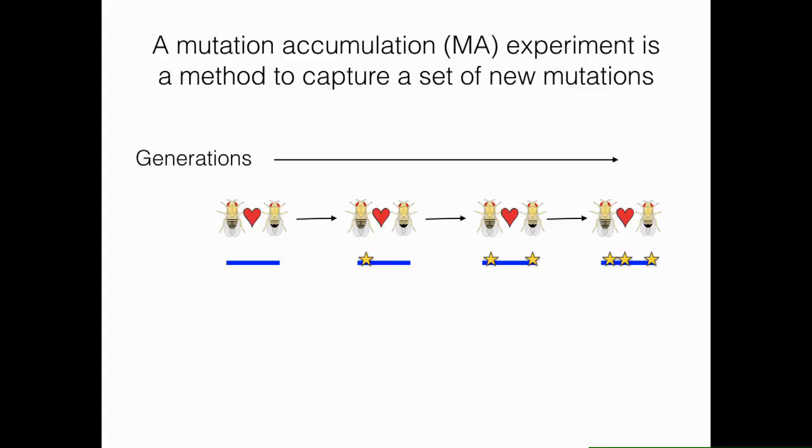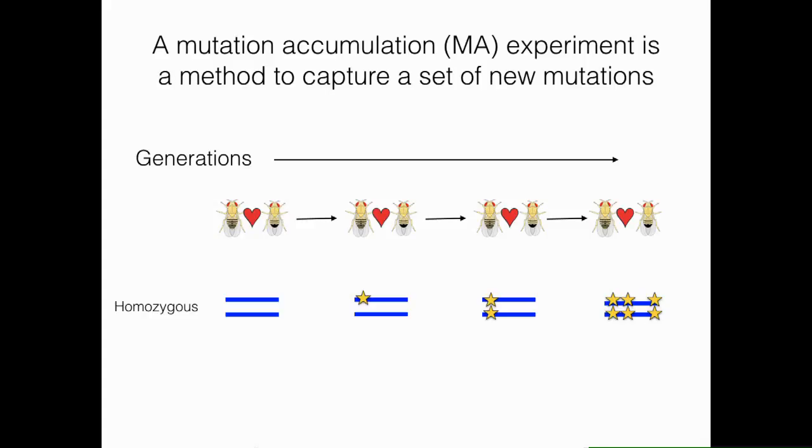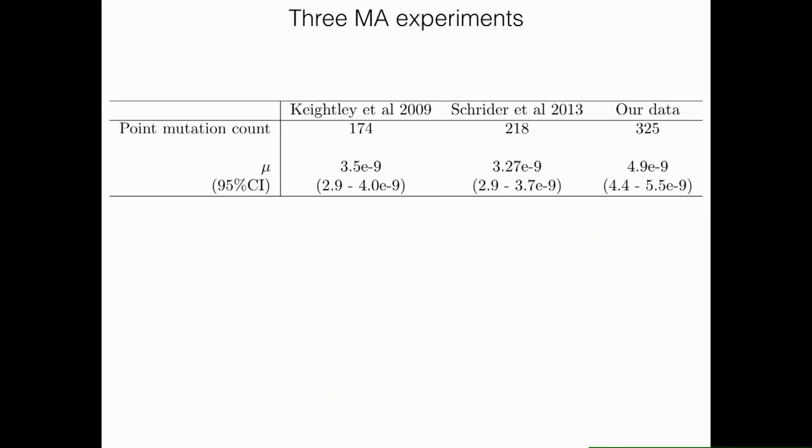You can either do this homozygously, so that new mutations are homozygous in the lines, or you can do it heterozygously. The advantage to this being that then recessive lethals or deleterious mutations can also accumulate. So far, I'm going to talk about 3 different experiments that have genome sequencing from MA lines. And there was another paper that came out last month, but that's not included in this analysis.